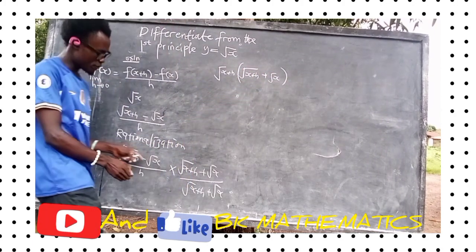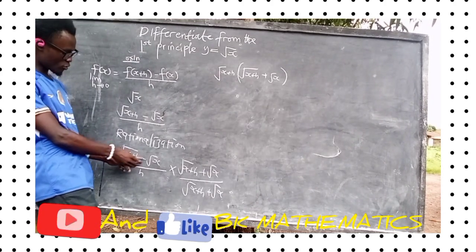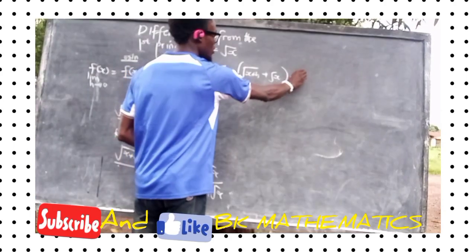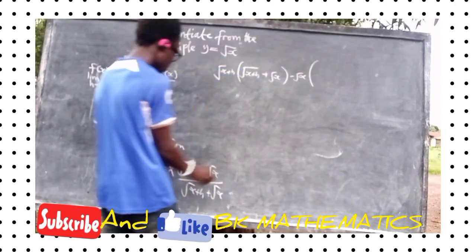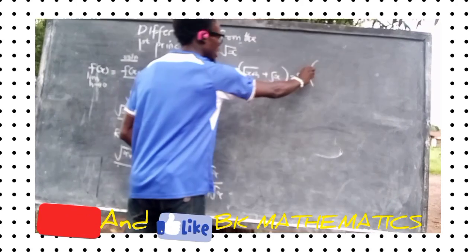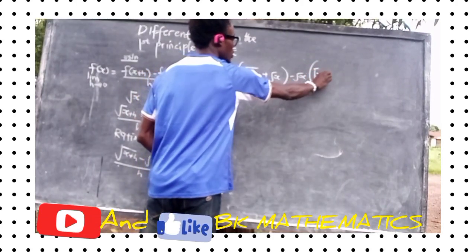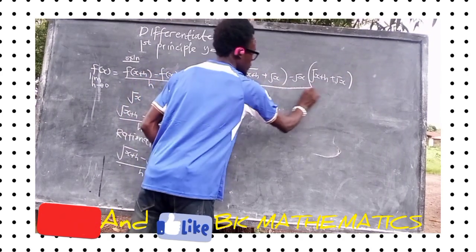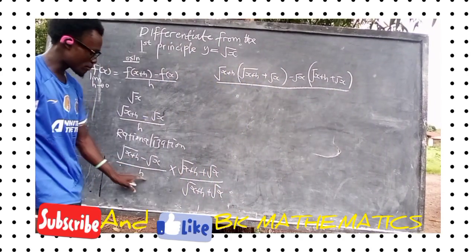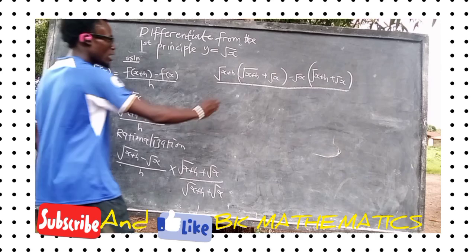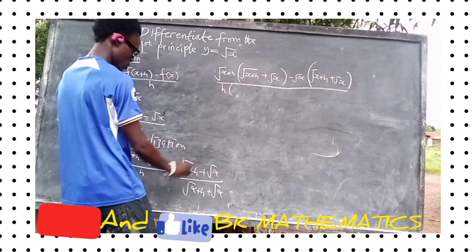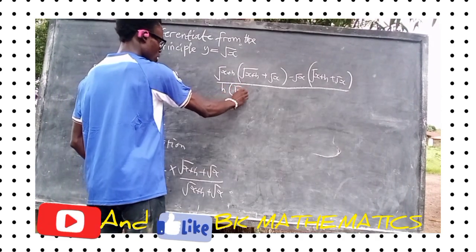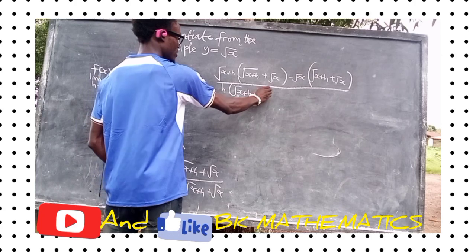What remains is minus root x, multiplying the second bracket, root x plus h plus root x. Then the denominator, h, multiplies root x plus h plus root x.